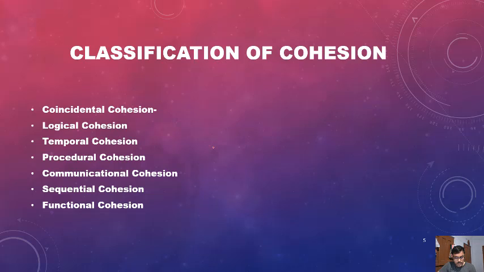That is, coincidental is the worst type and functional is the best type. So first we will discuss the different types of cohesion, and then we will easily understand which one is the best and which one is the worst.